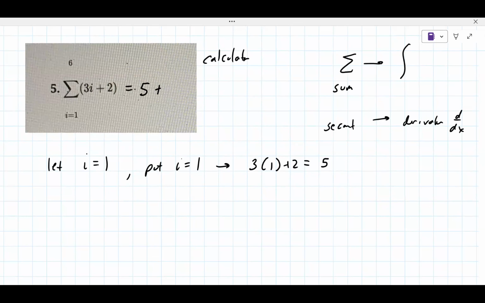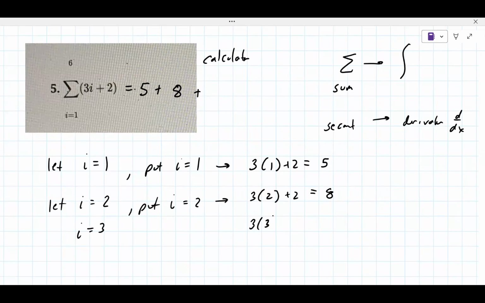And then you increment i, so i is now 2, and you put i equals 2 into the equation: 3 times 2 plus 2 is 8. So 5 plus 8. And then you continue. So you let i equal 3: 3 times 3 plus 2 is 11.